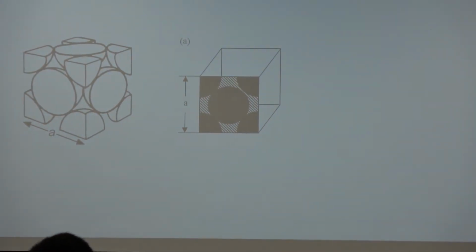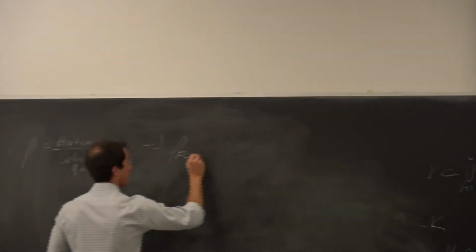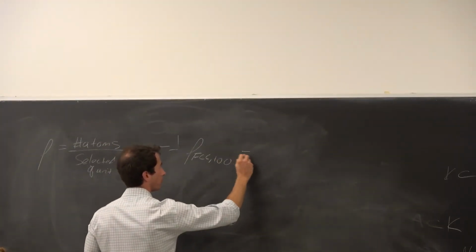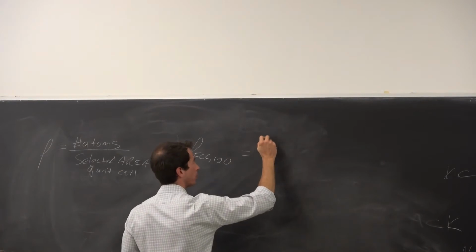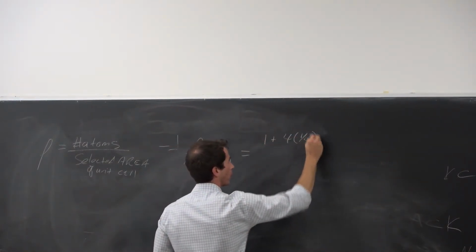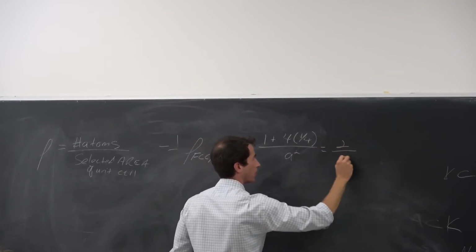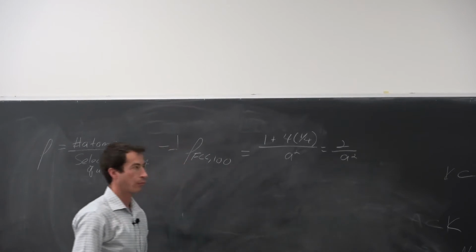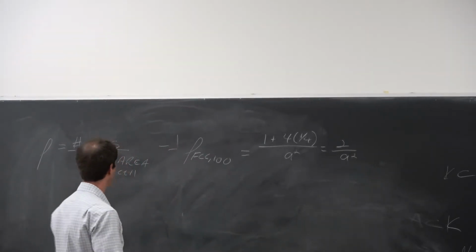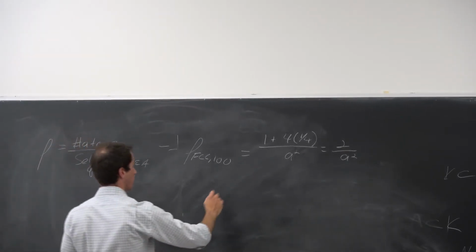So here, the number of atoms for FCC 100 is 1 plus 4 times 1/4 over A squared, 2 over A squared.